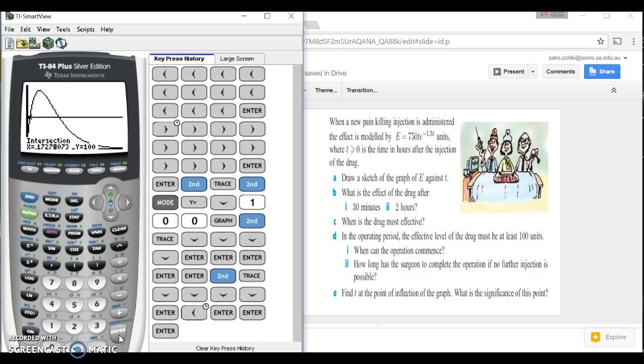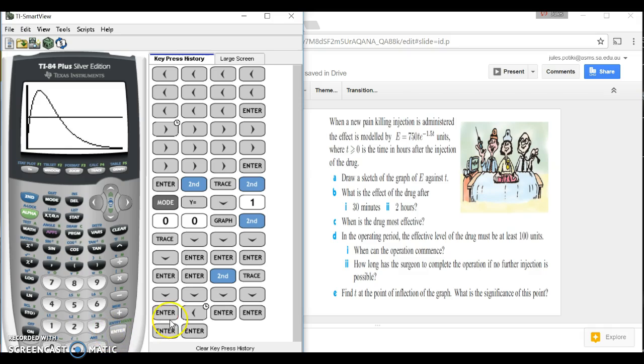Get it to guess, and now it's found the first intersection point, which is at t equals 0.173 hours. So the operation can commence at 0.173 hours, and it needs to finish by 1.695 hours.